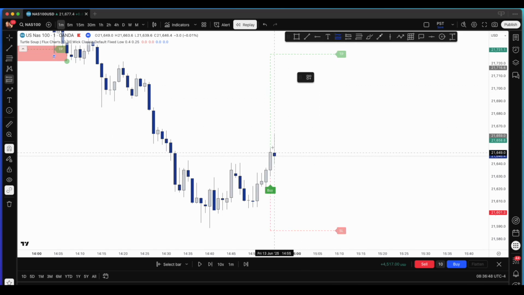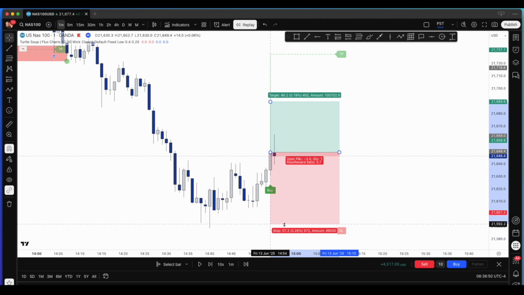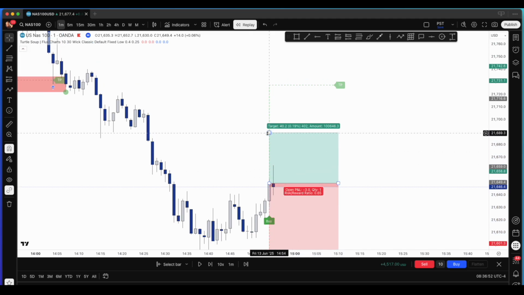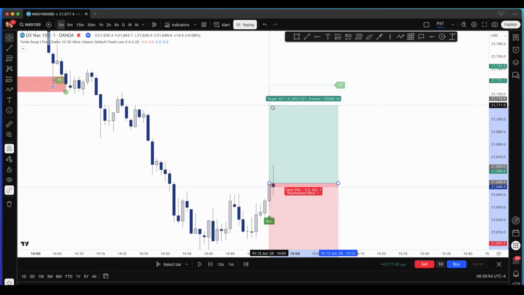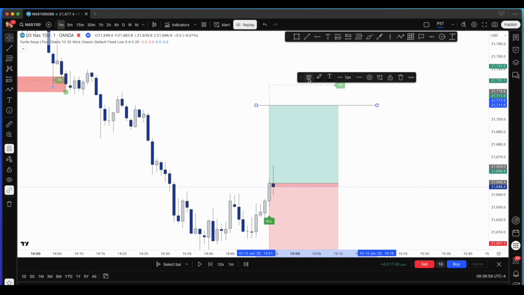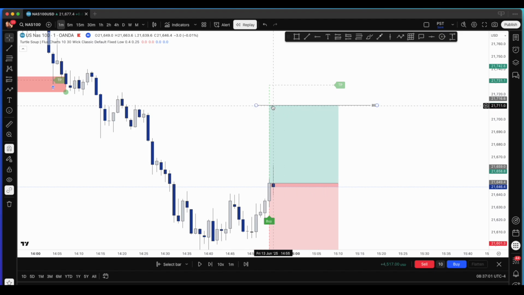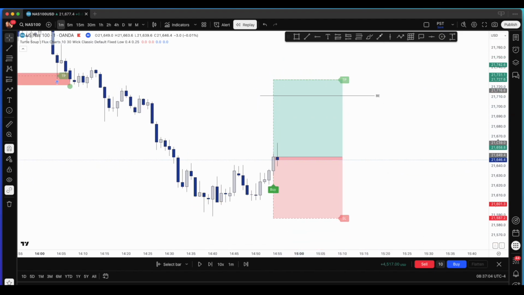There we go. So we're going to enter the trade right over there. Stops right over there. Going to mark out our break even point. That's going to be right over here. And then our full TP is going to be here.